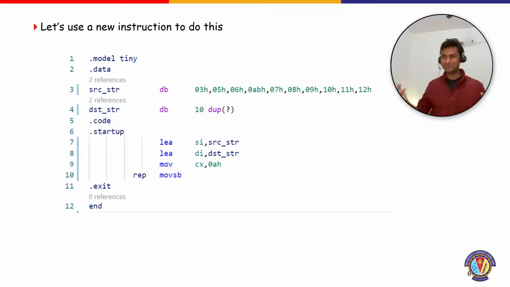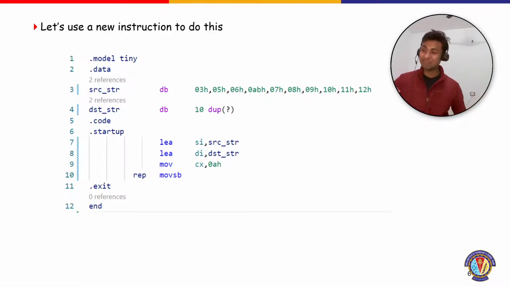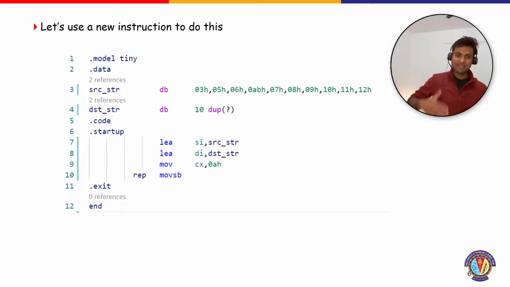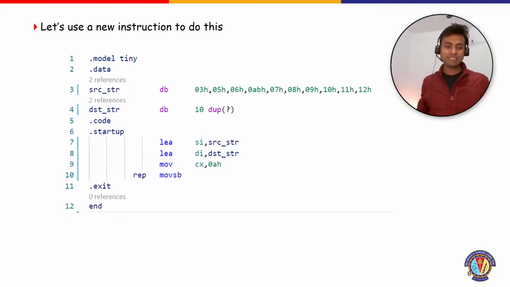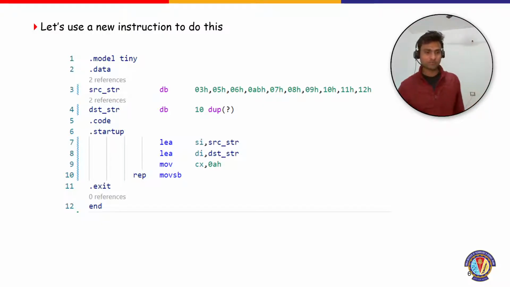So you don't have to store it in AX or here and there. It will automatically even increment SI, DI and decrement CX. All these operations which you wanted to do, it will do for you. You just have to use MOVSB. All right, do give it a try, and let me know how it goes.